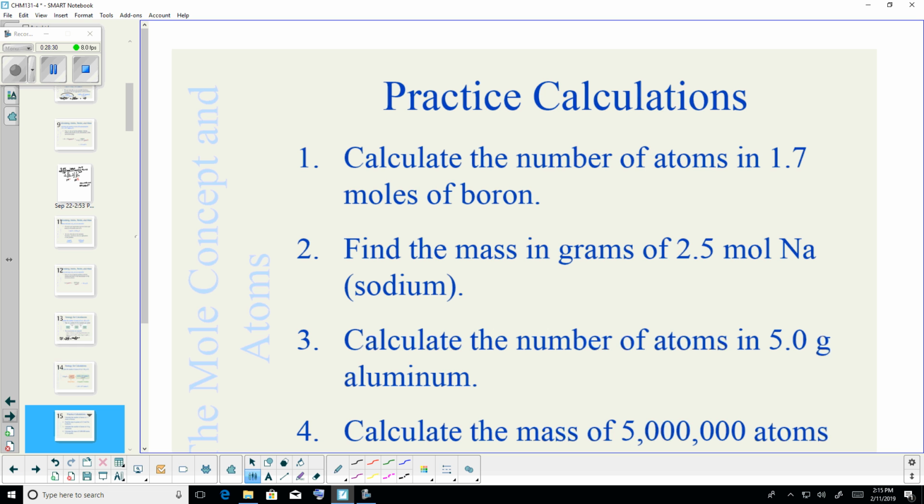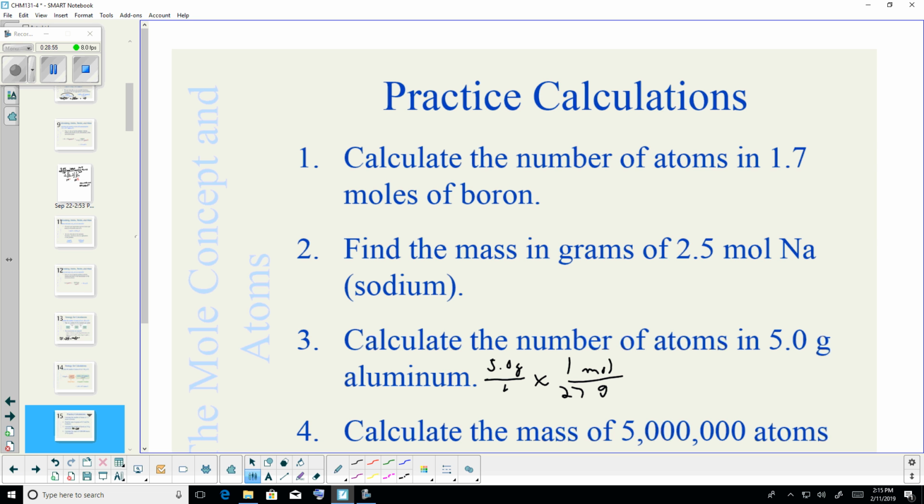So if we start with number 3, we have 5.0 grams of aluminum to moles per gram. 1 mole of aluminum is, I'm going to say roughly 27. It's actually 26. And when you do this, use the numbers in your periodic table.